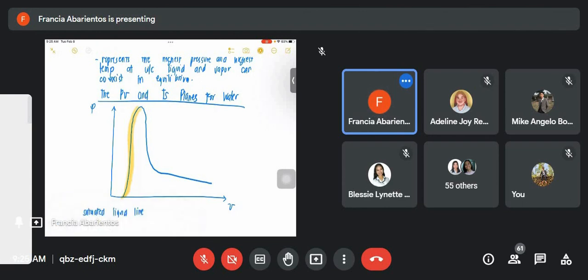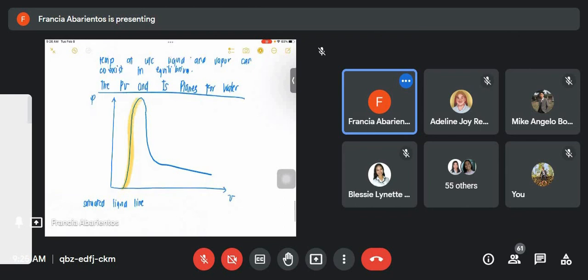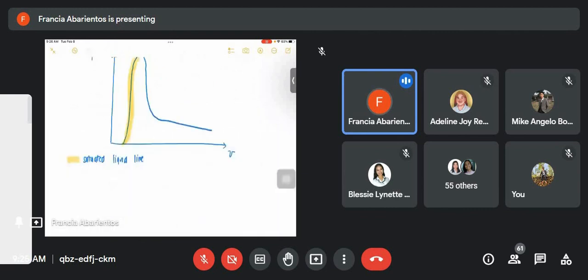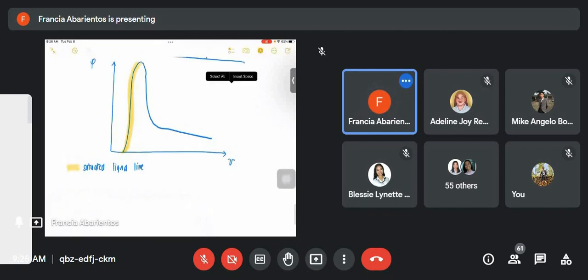Liquid line yan, class. And also, yung ditong part, sa kabila, tawag naman dito, class, itong highlight natin, tawag dito is the saturated vapor line.